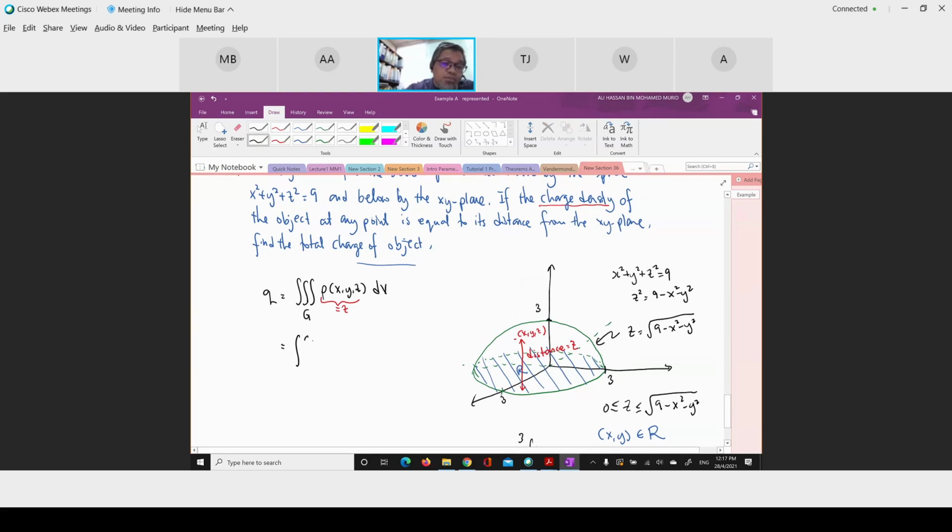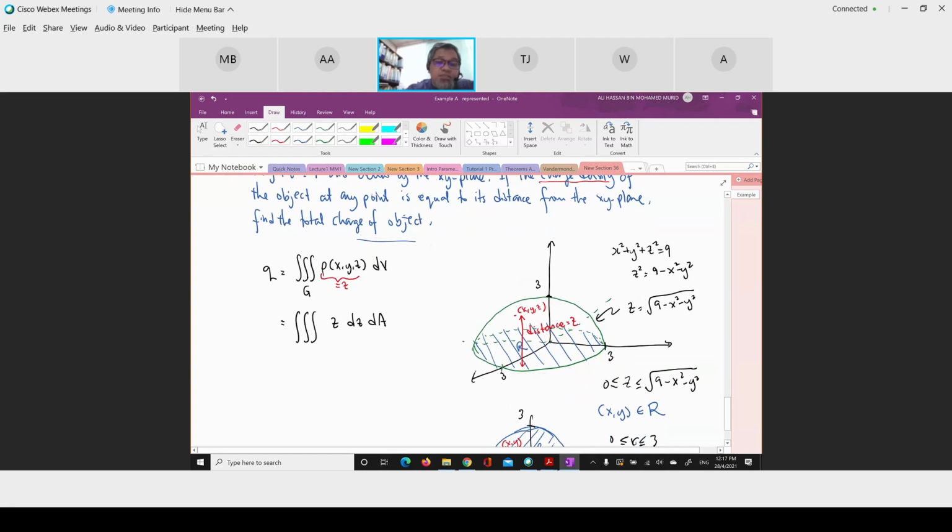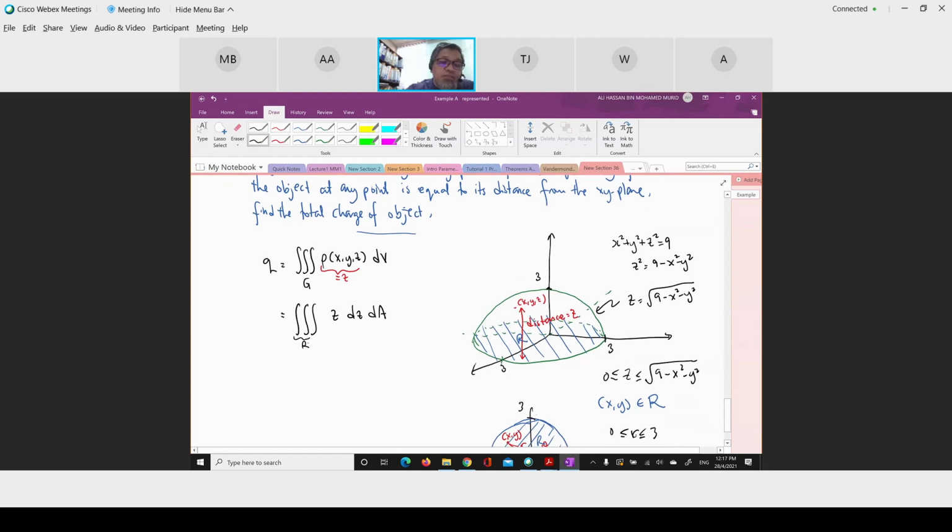So we have z here and dz. For the area element, let's use dA first. The double integral outside is over the region R, and for the innermost integral, z is between 0 and the square root of 9 minus x squared minus y squared.